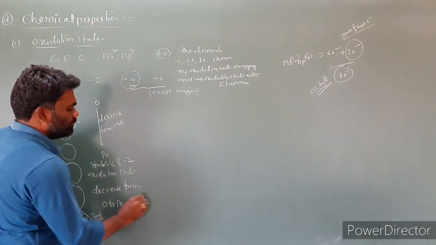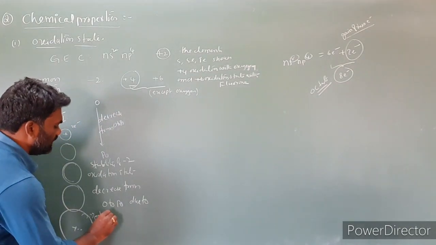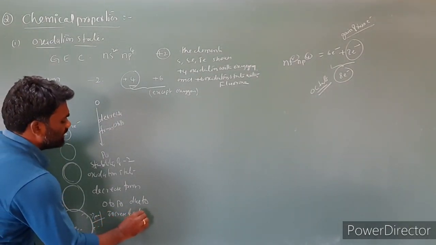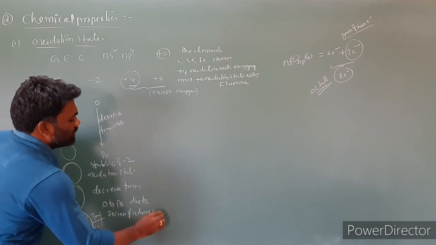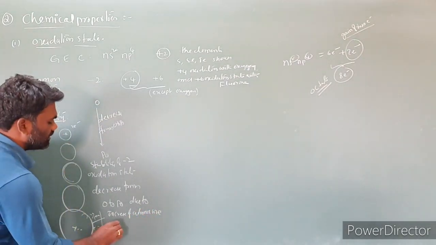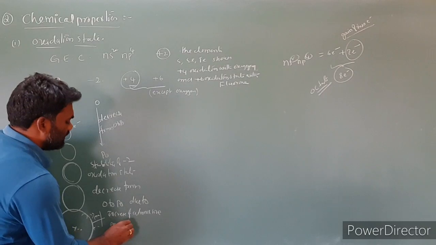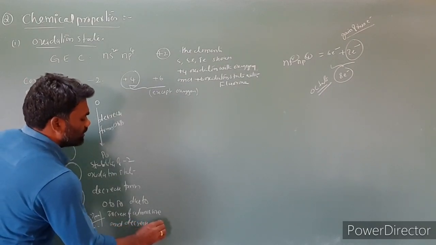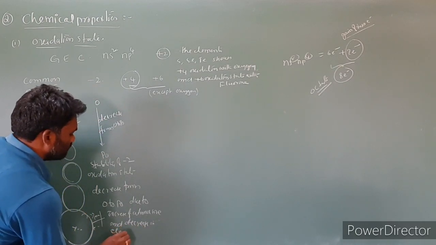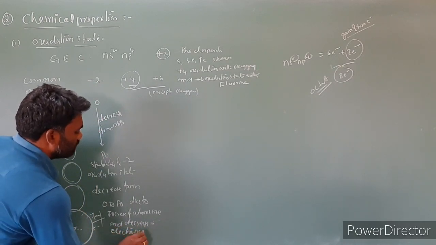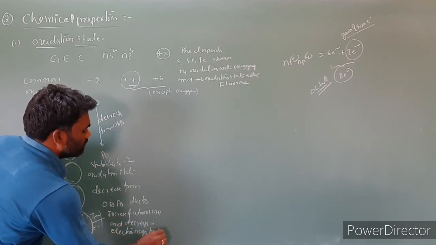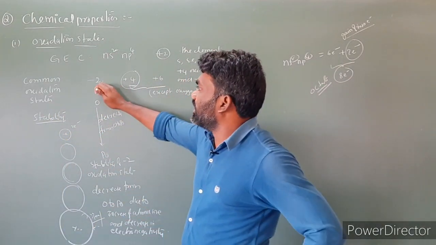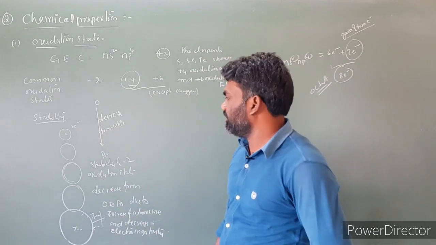Due to the increase of atomic size and the decrease of electronegativity. Because of this reason, the -2 oxidation state stability decreases from top to bottom.